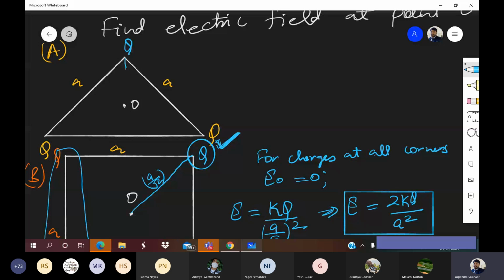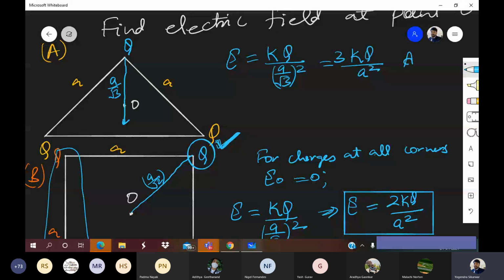So how much will be electric field due to this? E will be KQ upon this distance. This distance is A by root 3. So A by root 3 whole square. That comes out to be KQ upon A by root 3 whole square. Answer.